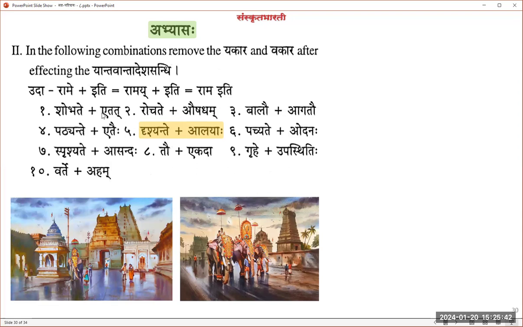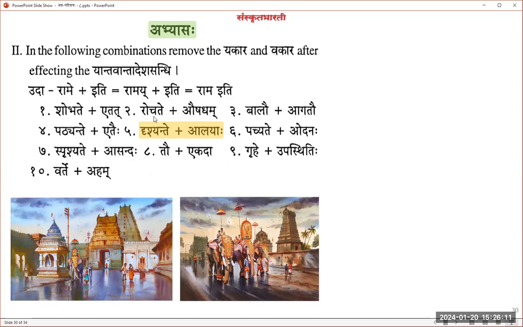Shobata will remain and I will become lopa. So Shobata, yes, A will join the ta. See, it is Shobat plus A, so it becomes Shobat plus I, and then I goes away. Shobata etat. Okay. Thanks, Bhagini.